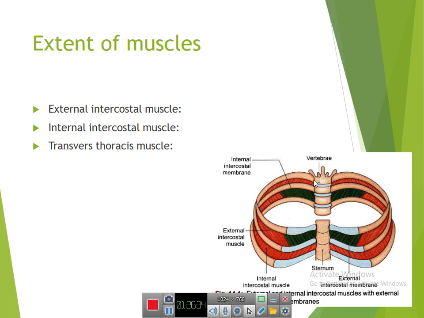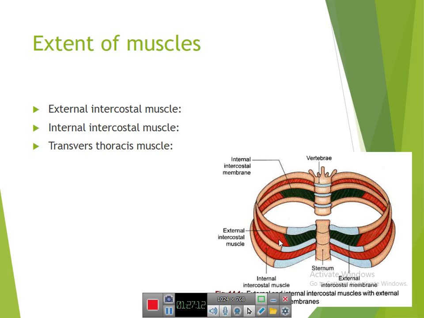So we have a head, neck, and tubercle of the rib. So the external intercostal muscles extend from the tubercle of the rib posteriorly to the costochondral junction, the costocartilage joints anteriorly.